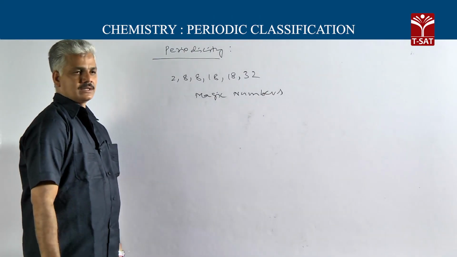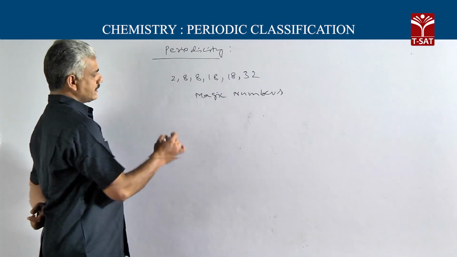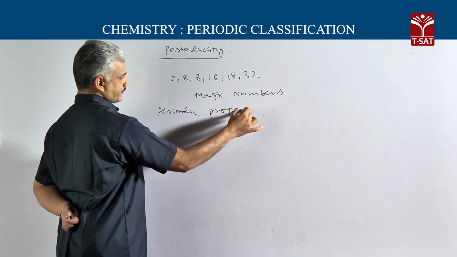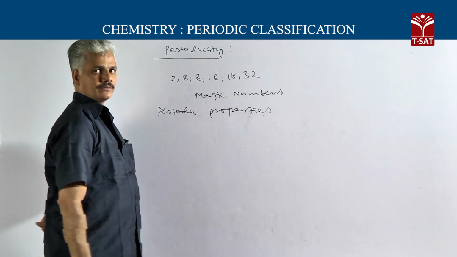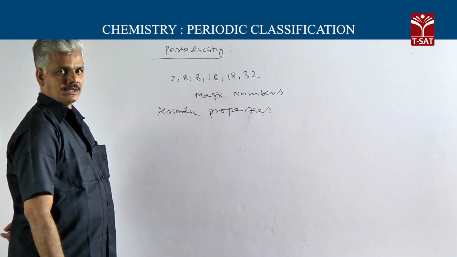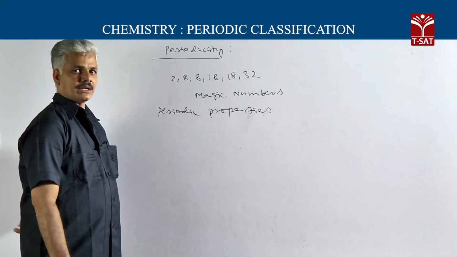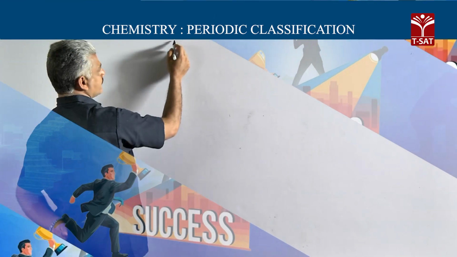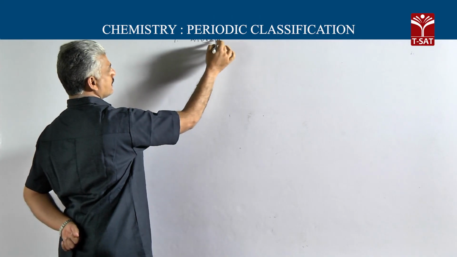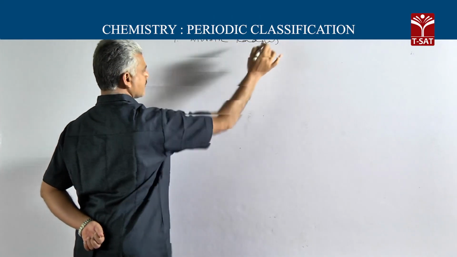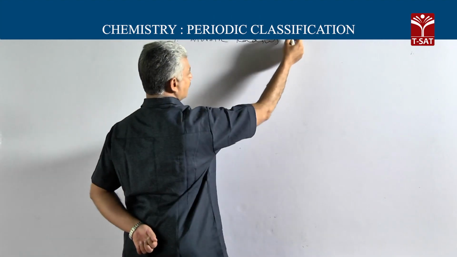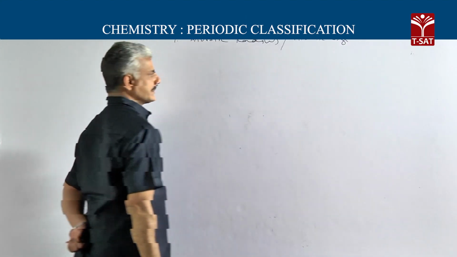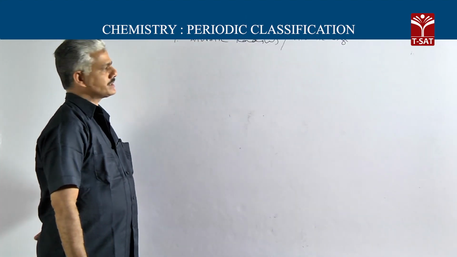The properties that get repeated at these intervals are called periodic properties. A total of 9 such properties have been identified. First one is atomic radius. From atomic radius, we can calculate atomic size also, because atoms are supposed to be spherical in shape.